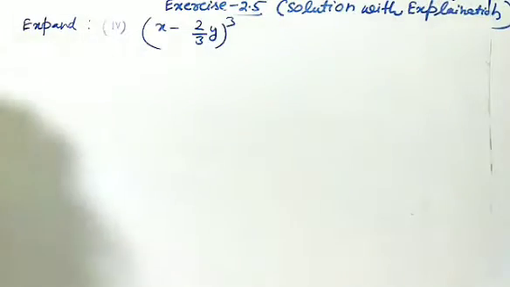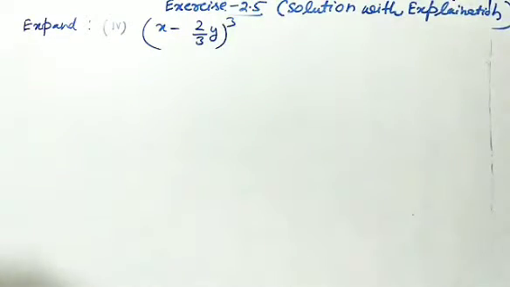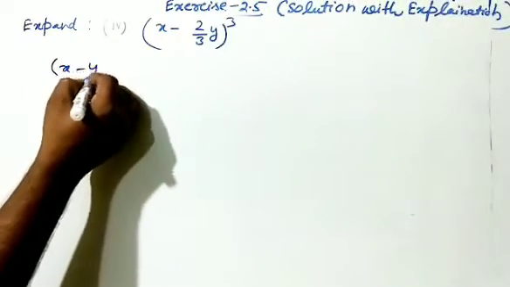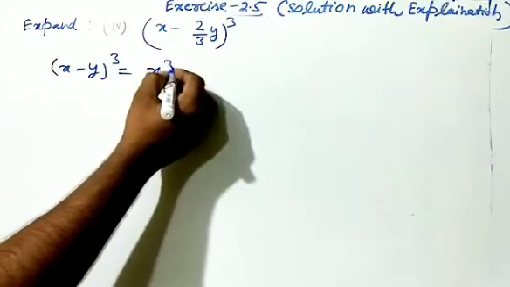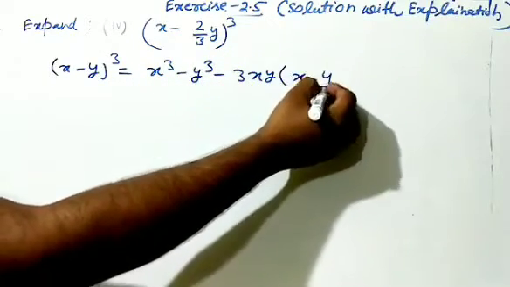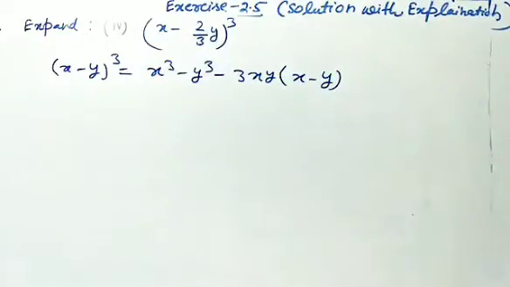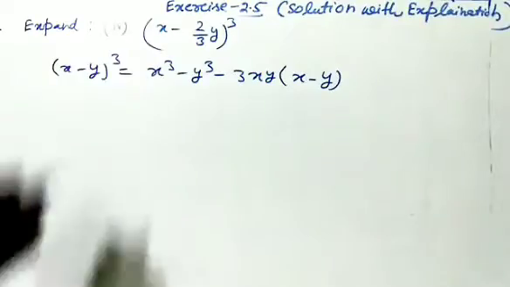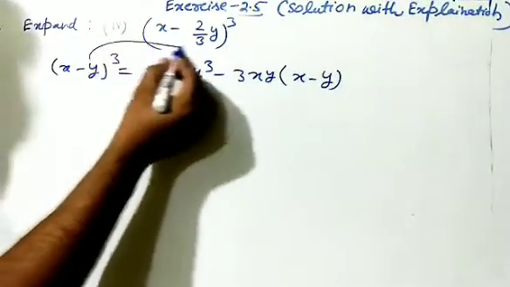Let's take the same question, question number 6, and we are taking part 4. The question is (x - 2/(3y)) whole cube. So here we will apply the identity (x - y) whole cube, which is x cube minus y cube minus 3xy bracket x minus y. Now x is the same, only y is different.